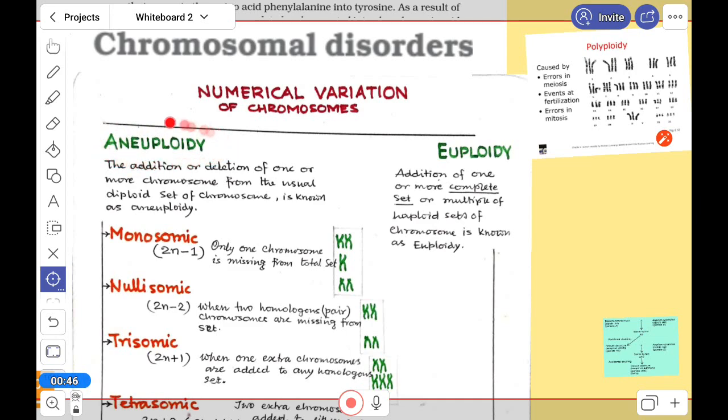Aneuploidy. Here is the addition or deletion of one or more chromosomes from the usual diploid set.